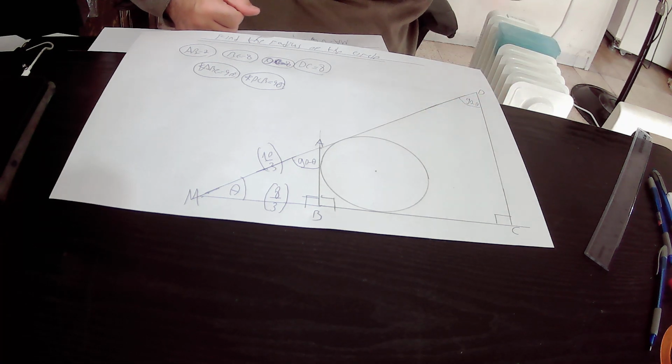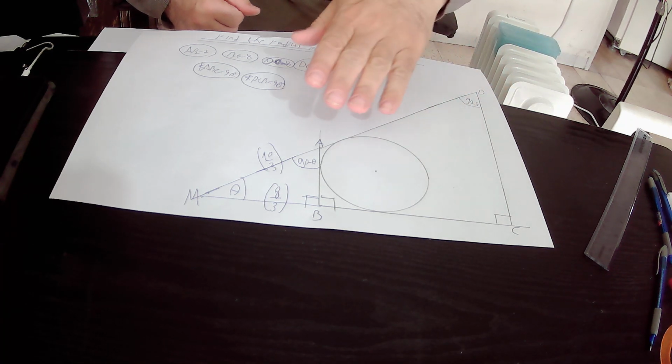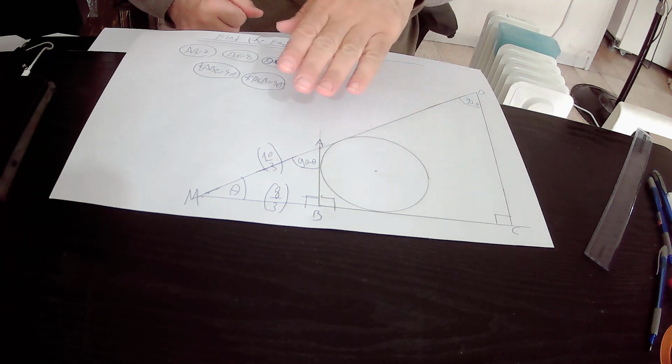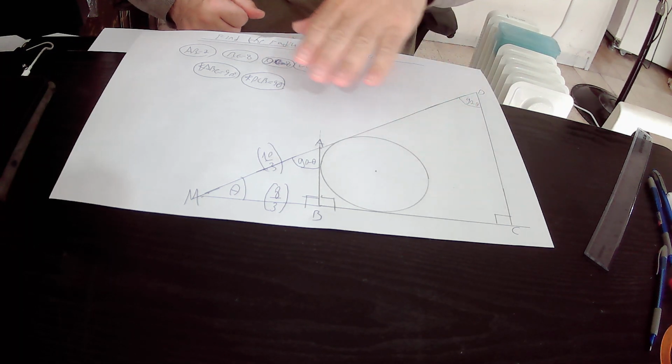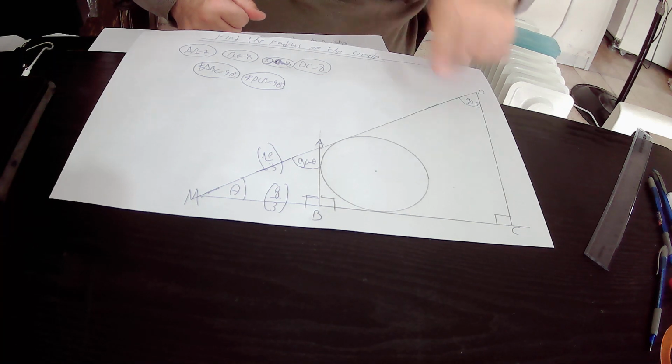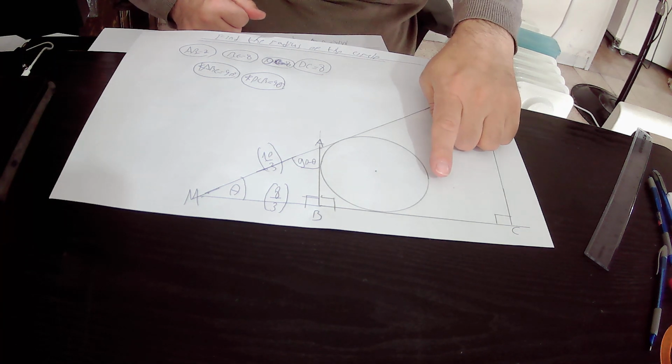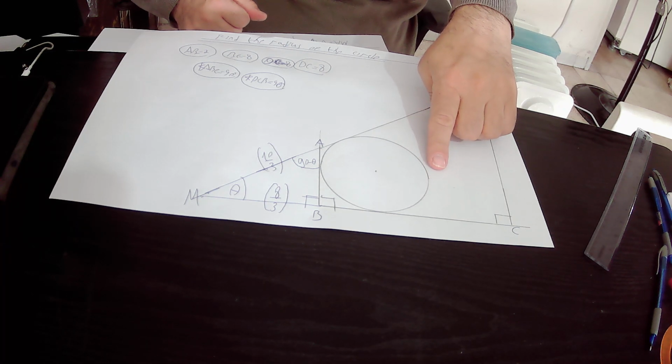It's absolutely possible because you can draw the perpendicular on BC at any point on BC. Therefore, we choose the point on BC in such a way that the perpendicular on BC will also be tangent to this circle.